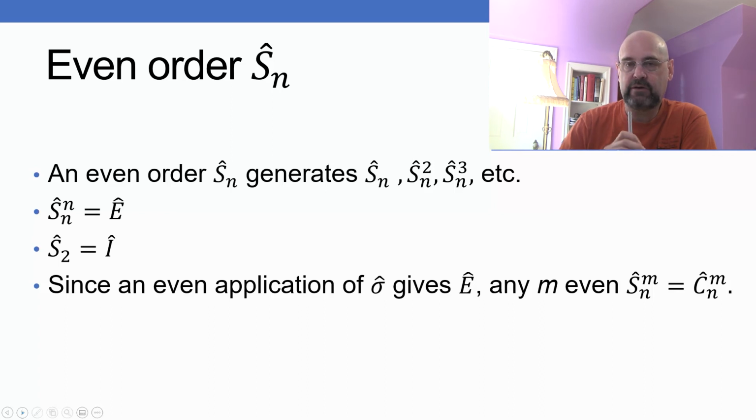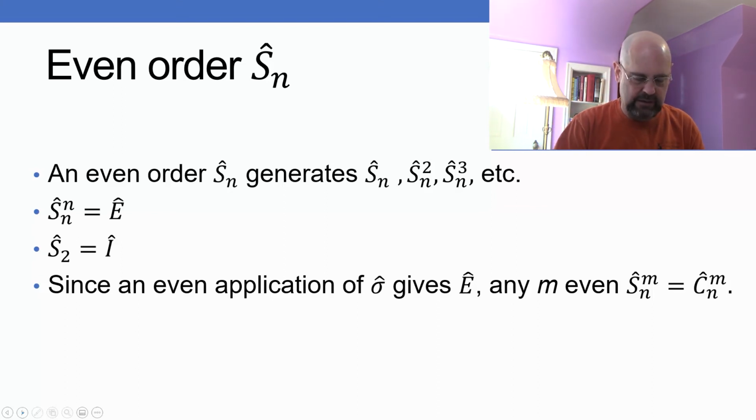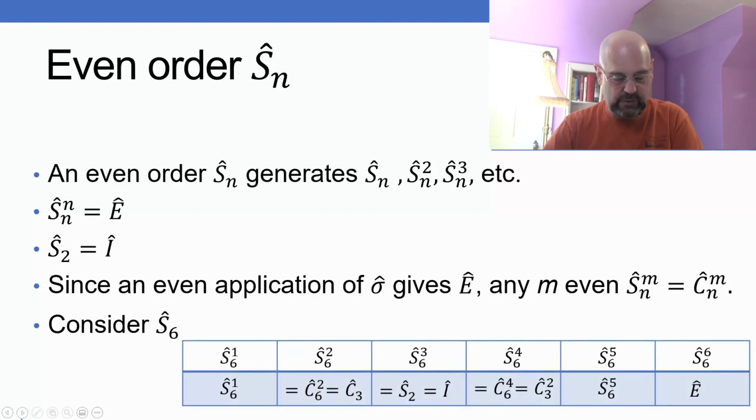So if I do an improper rotation twice, it just gives me a regular rotation because I've gone through the plane and I've gone back up through again. So look at S6 and see the first one. I just get the improper rotation.